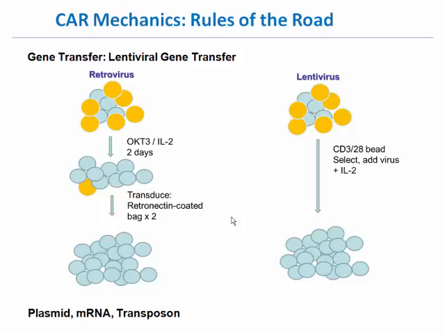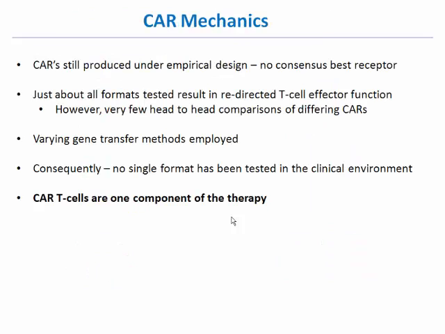We're also now working with plasmids, RNA, and transposons. Most of these technologies are being rapidly developed to facilitate the transduction of primary cells, and T cells in particular. The general rule is that most CARs used, certainly in the clinic, are produced under an empirical design. Whichever receptor is developed in a particular lab, they generally take that into the clinic, and there's still no consensus best receptor.